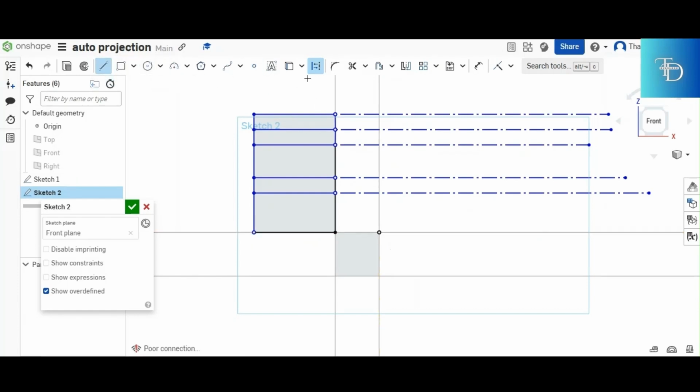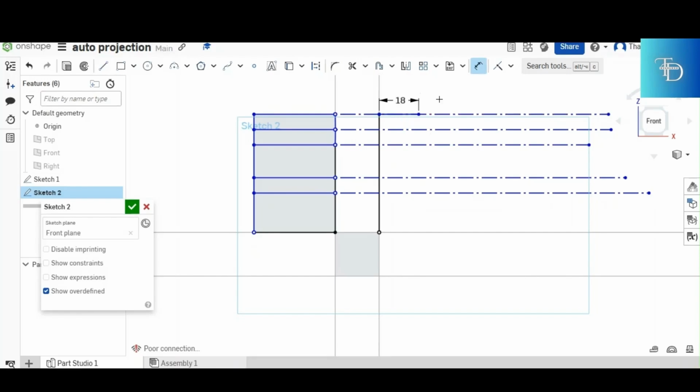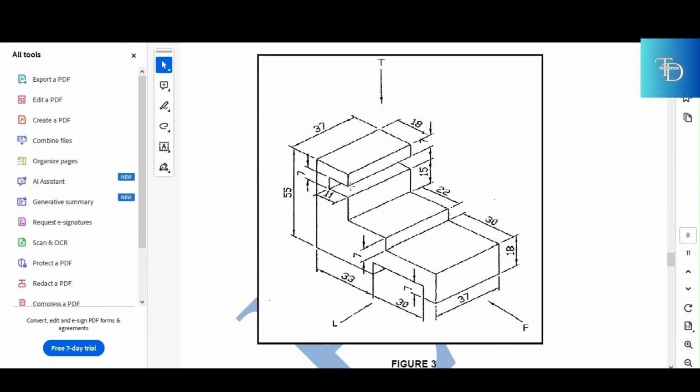You have your total height of 55 right there, and from that total height, it shifts 18 units to the right hand side. Obviously, from this side, it drops down to that 7 over there.